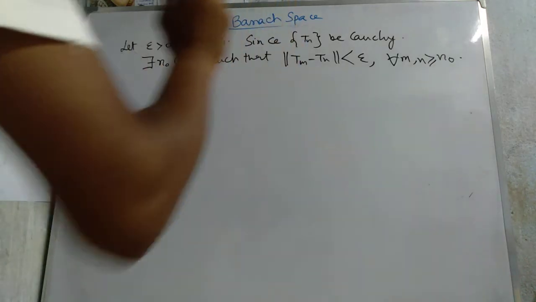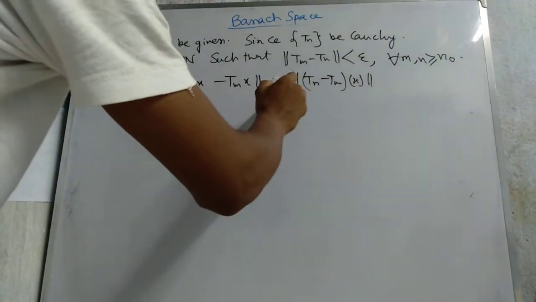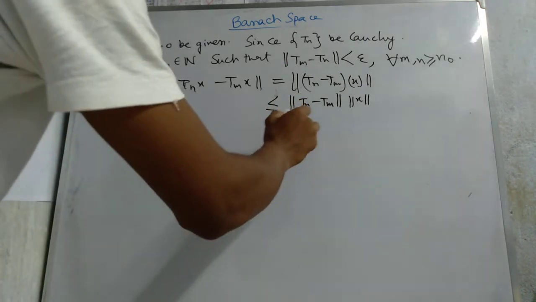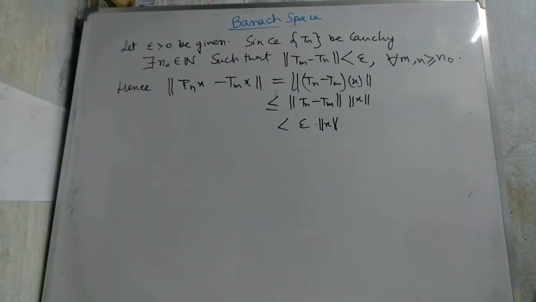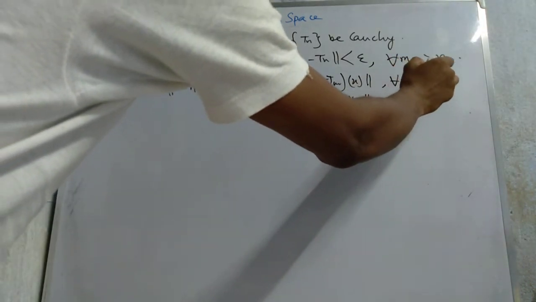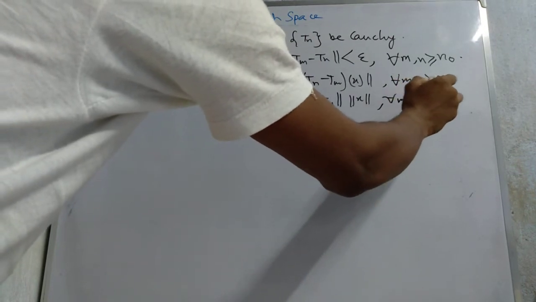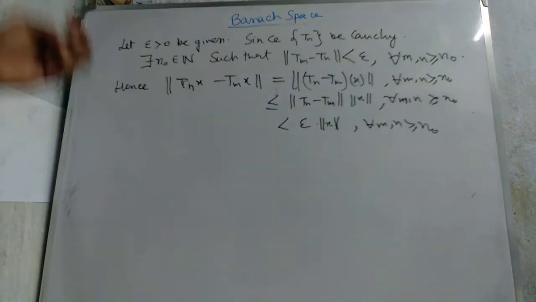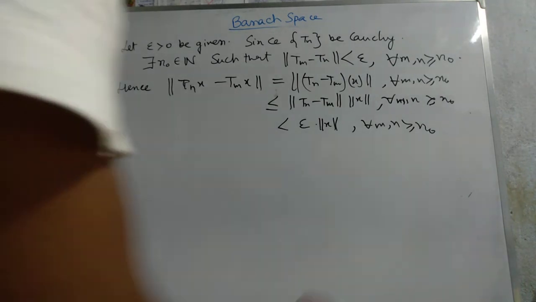Hence the norm of Tn x minus Tm x is equal to the norm of (Tn minus Tm) x, less than or equal to the norm of Tn minus Tm times the norm of x, less than epsilon times the norm of x, for all m, n greater than or equal to n0 and x belongs to X also.